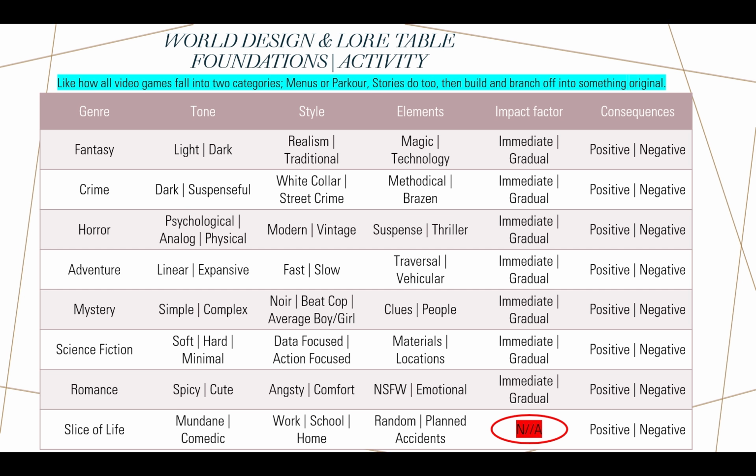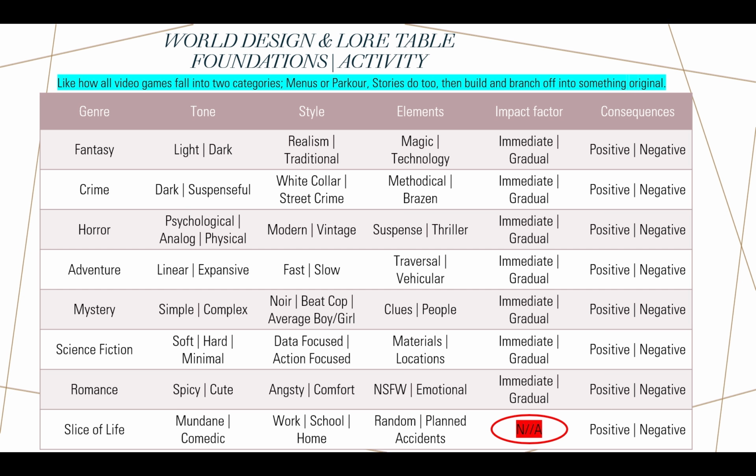But what about games like GTA, Grand Theft Auto? I wouldn't really consider it either a menu game or a parkour game. Menu is like options and choosing, and then parkour would be like Mario or Mirror's Edge. Regardless, it's just a basic foundation of whether it's movement based or menu based. And stories are kind of the same, right?